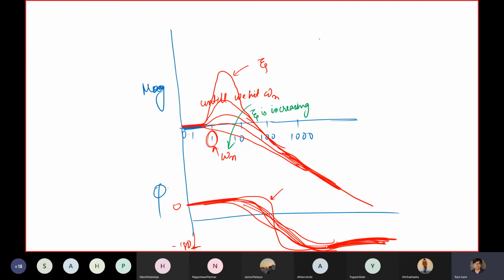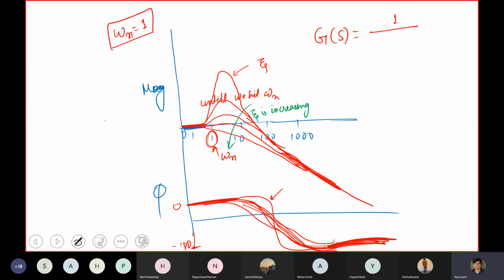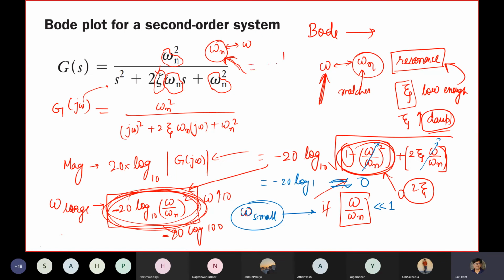So let's try to plot in our Octave. G(s) is equal to, let's suppose my omega n is 1 for the time being, so 1 upon s square plus, I will take zeta as 0.1 for the time being.